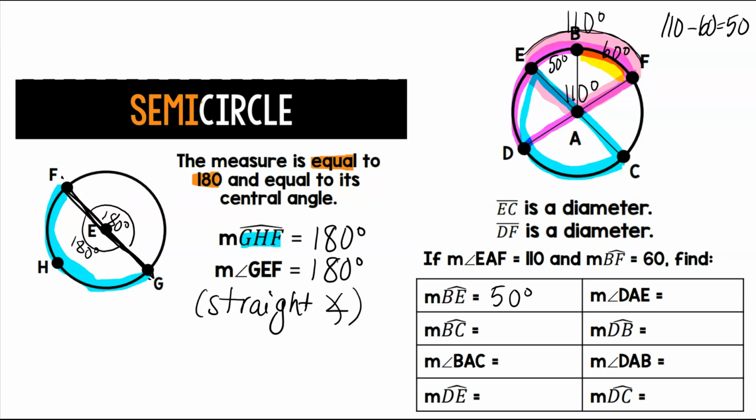And if arc BE is 50 degrees, this central angle here must also be 50 degrees. And if this arc was 60, inside of here, this central angle would also have to be 60.